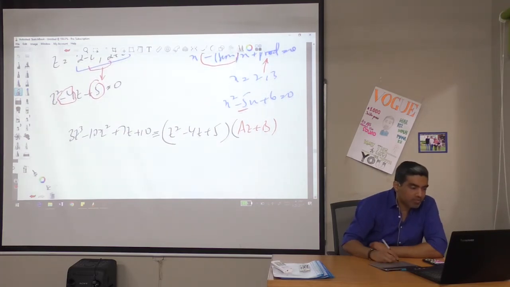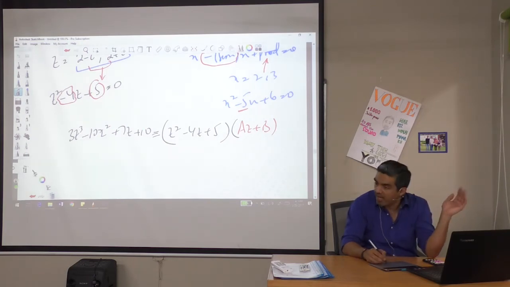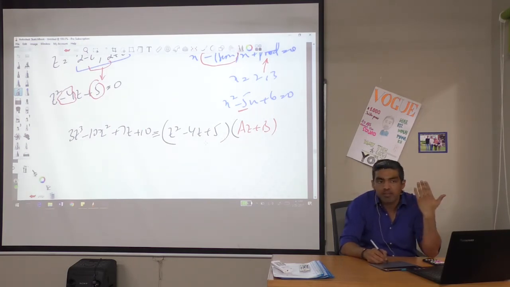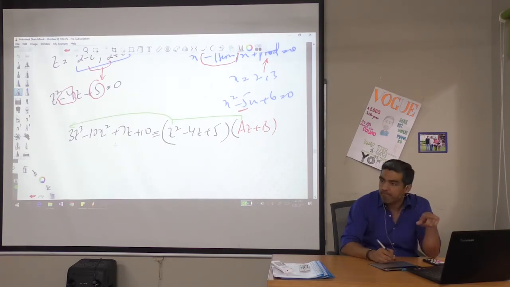Now, to compare coefficients, if you remember, I gave you a shortcut. You don't have to completely multiply and expand the entire expression. Don't waste time doing that. You just need to find a and b. The leading coefficients multiply to give you the main coefficient, and the last constants multiply to give you the last constant.